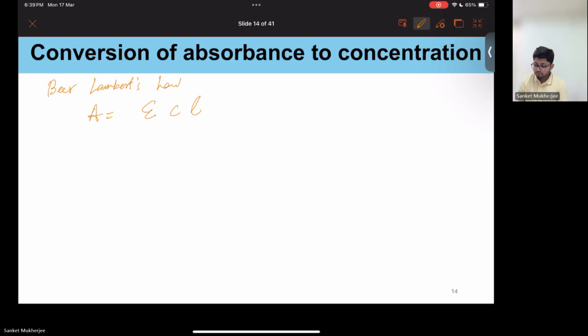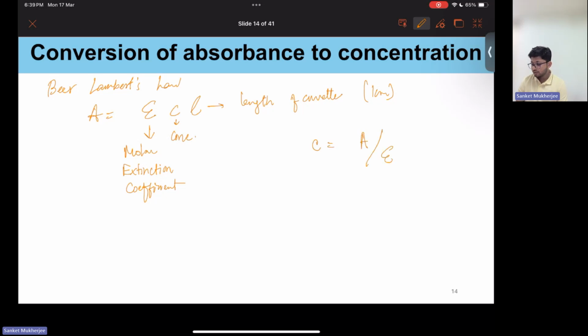So this is the molar extinction coefficient, which is again unique to each compound. Then we have the concentration. This is the length of the cuvette, which is usually 1 centimeter. So concentration can be measured as absorbance divided by the molar extinction coefficient.